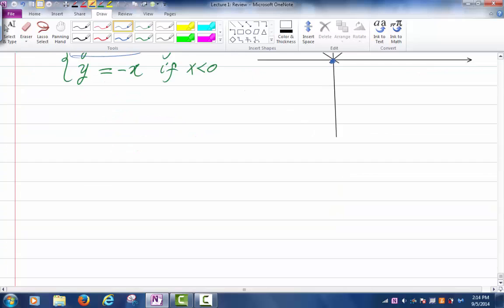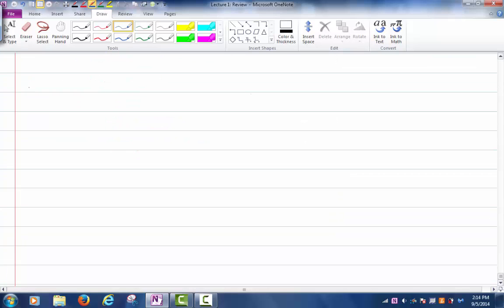One more graphing example here. Suppose I have a piecewise defined function. So what do I mean by that? Well, it's basically what we did in the previous example.